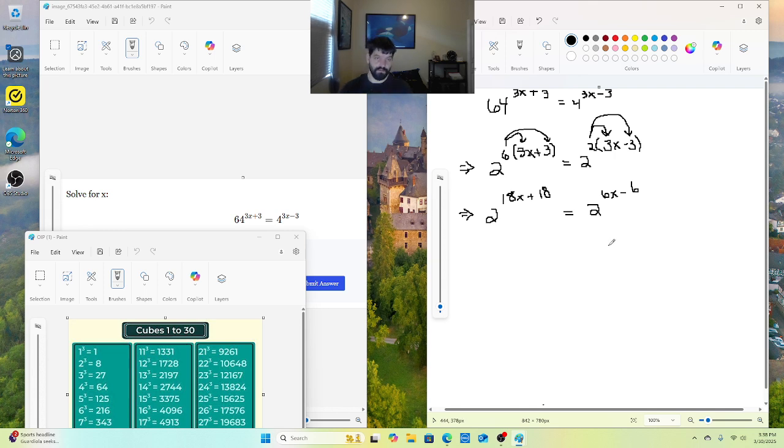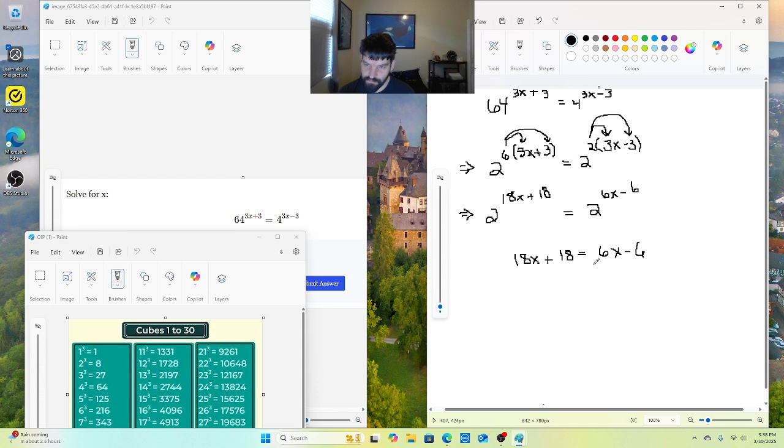So now we have that unique opportunity to allow the exponents to represent this equation. Now that the bases are identical, we can represent the original equation as 18x plus 18 equals 6x minus 6.